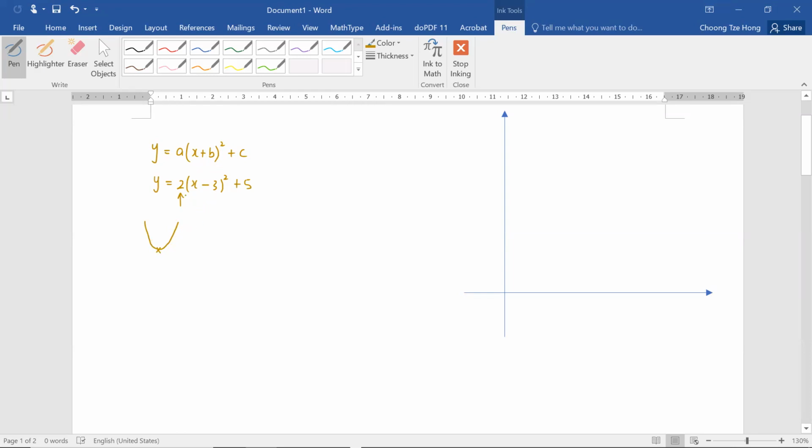The advantage of expressing a quadratic function in this form is that we will be able to tell the coordinates of the minimum point very easily. The focus will be on this particular squared term.